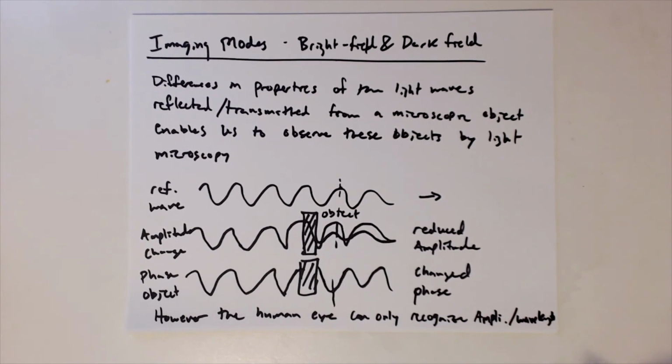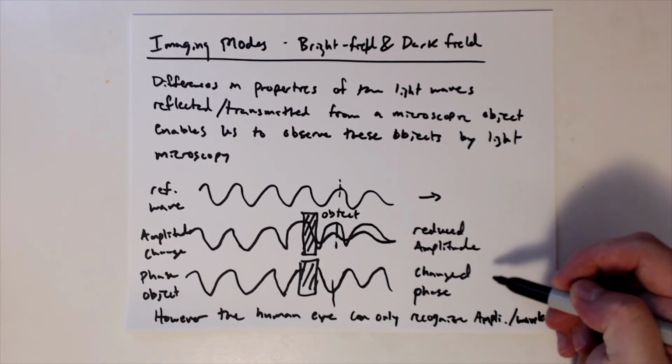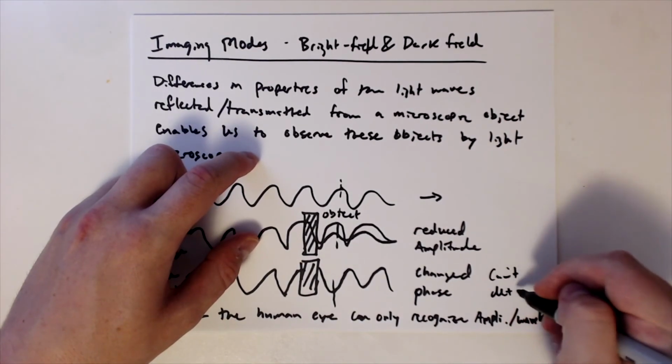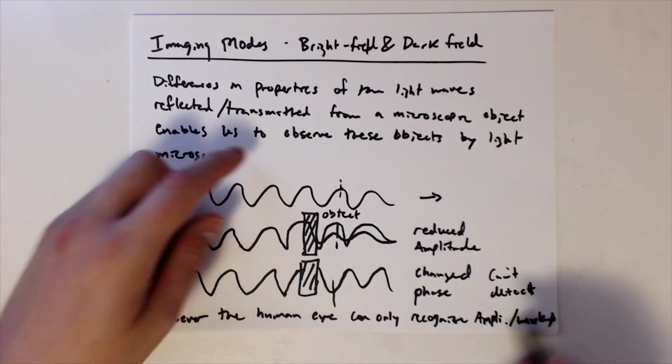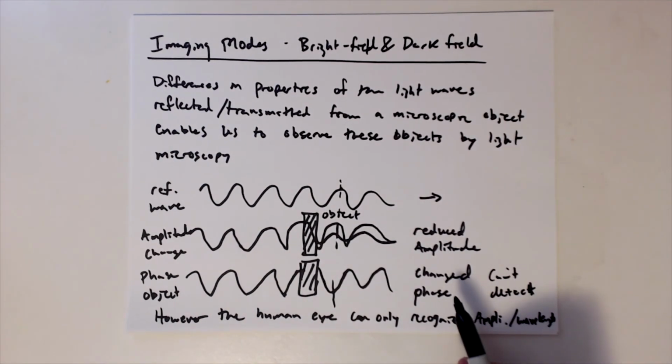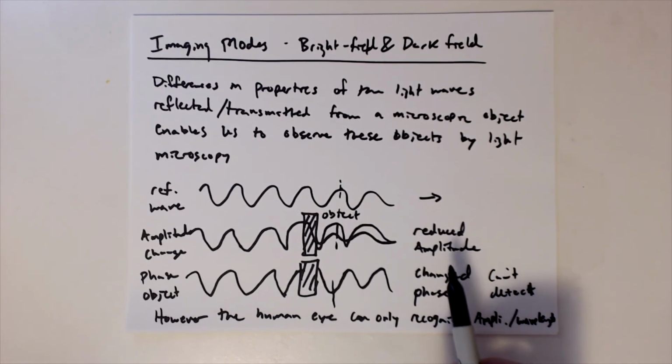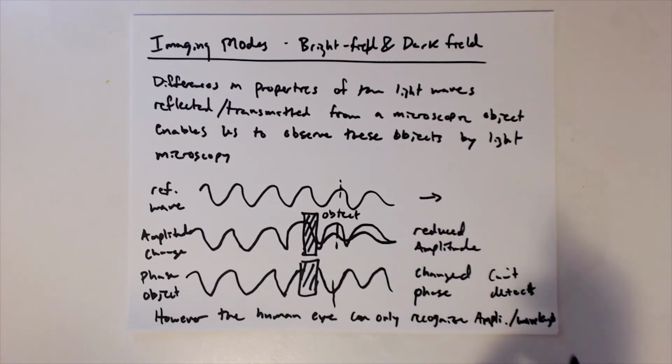So it does not detect the phase change. We can't detect these phase changes. So if there are phase changes, something would have to be done to the light wave in order for us to recognize it with the human eye. We need to look at changes in amplitude or wavelength. And that's an important part of these imaging modes that we're going to look at.